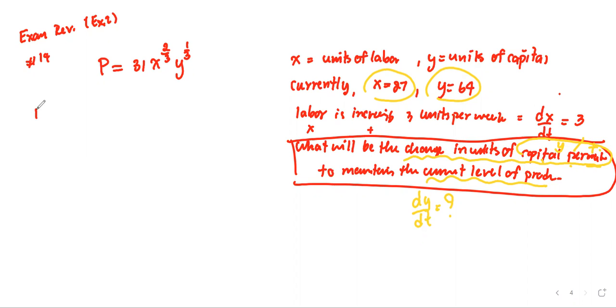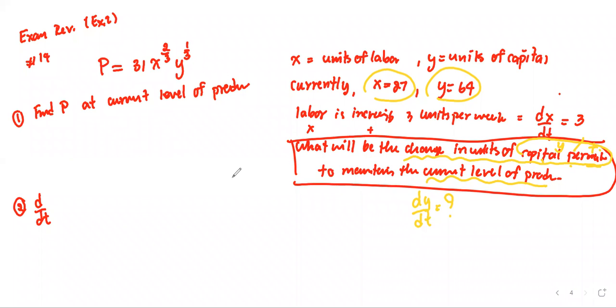First of all, we're going to find P at the current level of production. That's step number 1, okay? And then step 2, we're going to find the rate of change with respect to time of all terms.